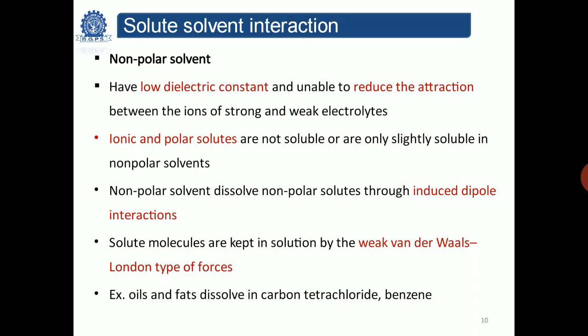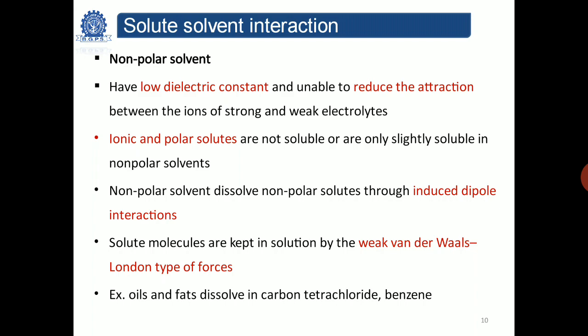And that's why there is less solubility, and polar or ionic solutes are not soluble in non-polar solvents. Now non-polar solvents dissolve non-polar solutes, as we have said, like dissolves like. If we add a non-polar solute, it will easily become soluble in the non-polar solvent.